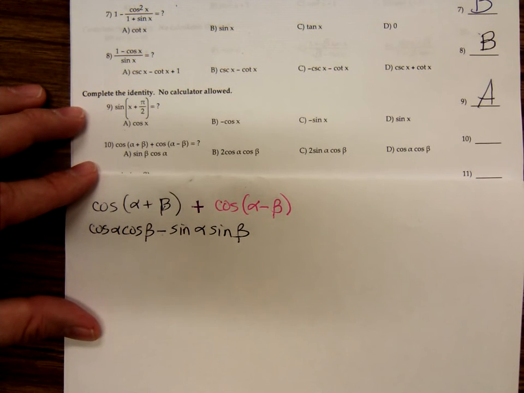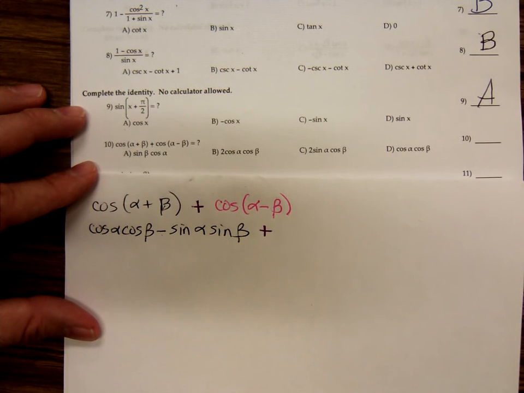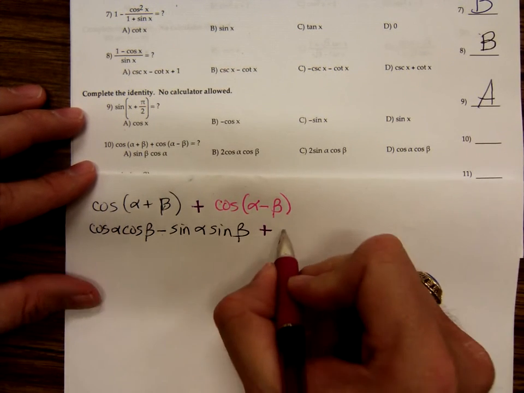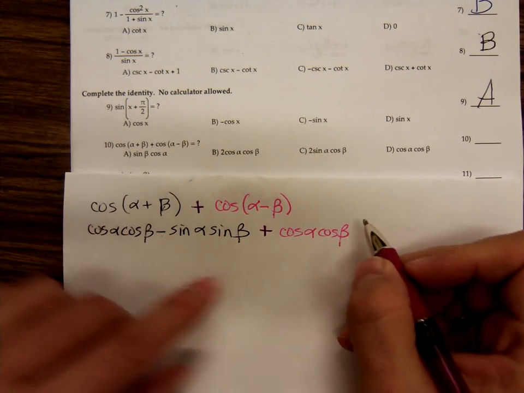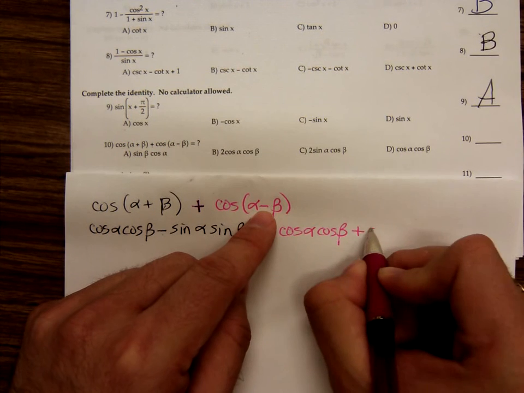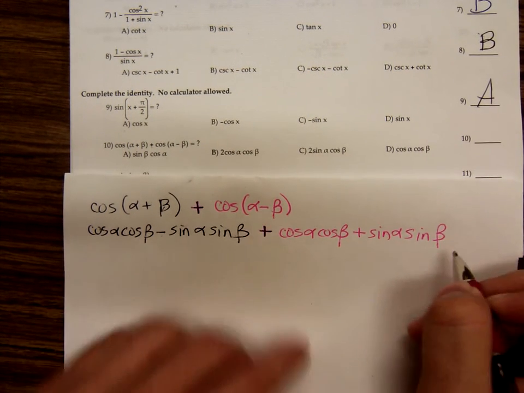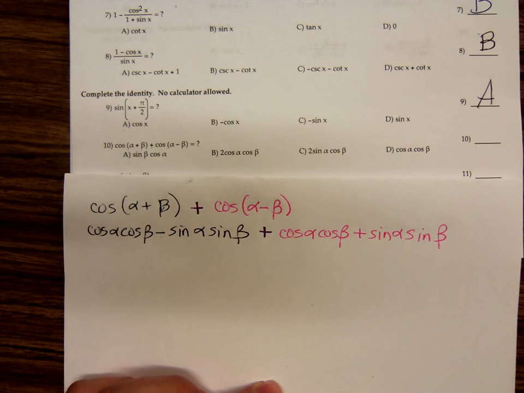You're probably sick of hearing me say that. Cosine alpha minus beta, that's cosine, cosine, change, sine, sine. Let's see. Oh, this is going to fall out really nicely.